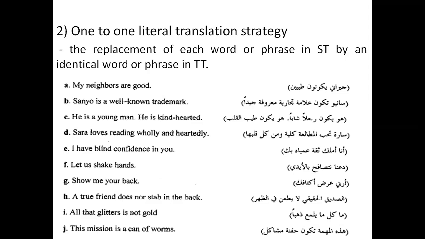Sanyo is a well-known trade maker. سانيو تكون علامة تجارية معروفة. Actually, no need to render are in the first sentence or is in the second sentence. We can say جيراني طيبين, producing a nominal sentence which is absent in English. So grammatical differences here are also not taken into consideration, because the source text grammar is kept in the target text.